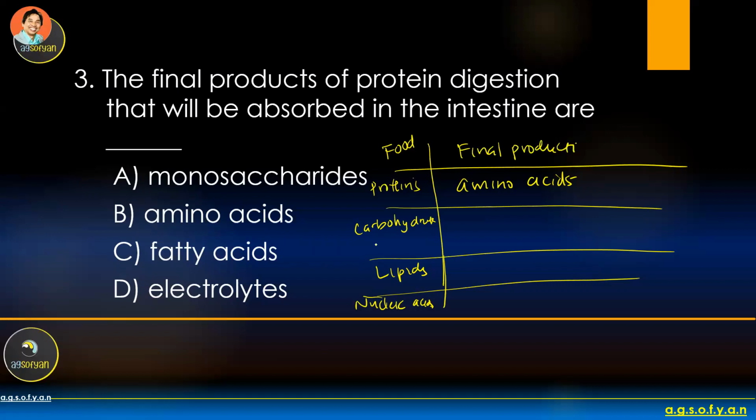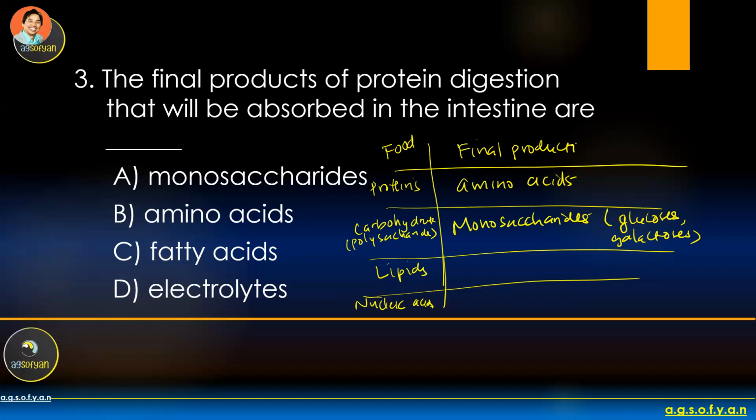And then carbohydrates, these are also known as polysaccharides. Okay, and the final product will be called the monosaccharides. Examples are glucose, galactose, and lipids. These are big molecules.